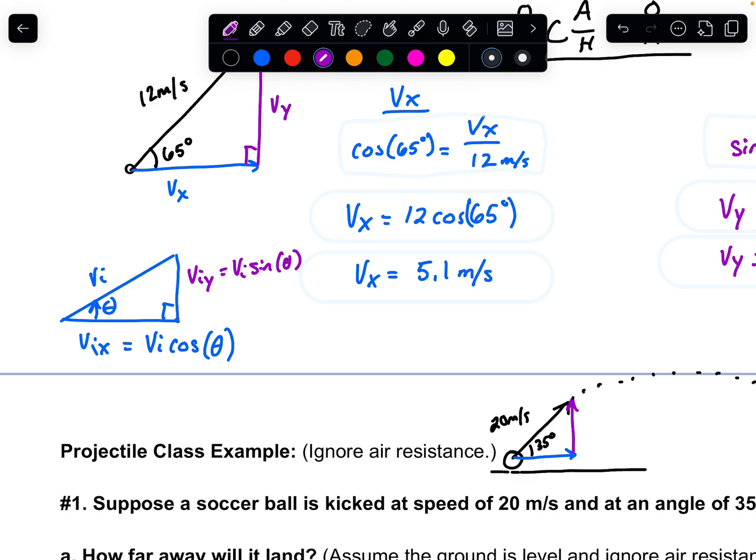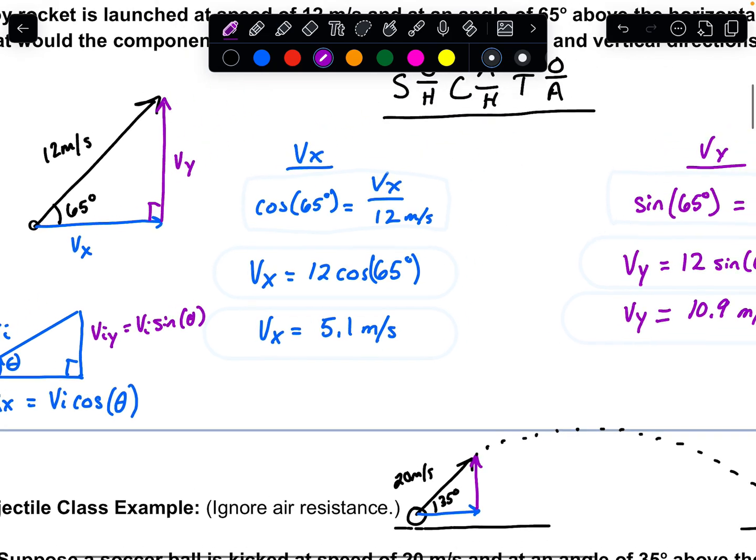So those are some things that you can always fall back on. We'll refer to those going forward in our problems.